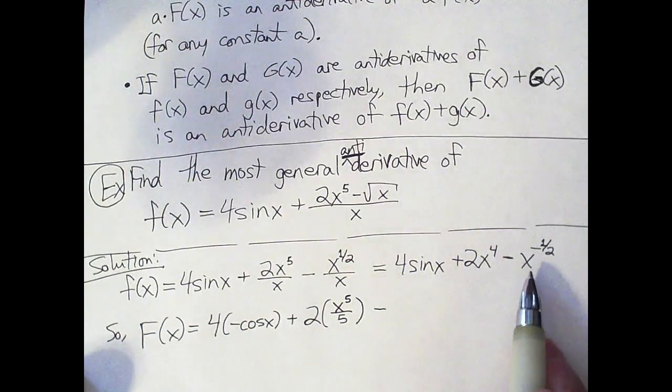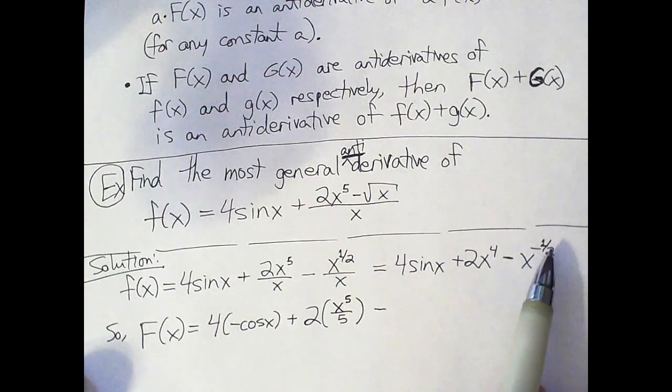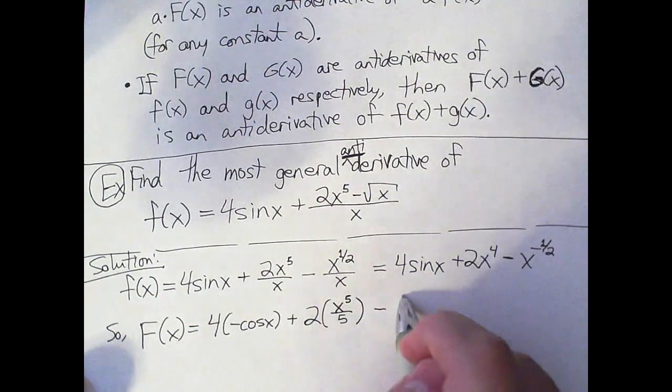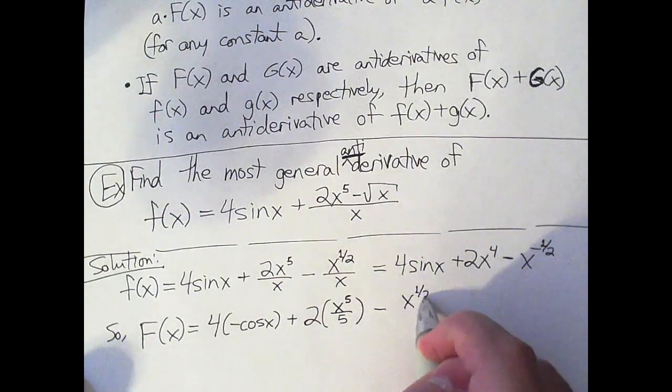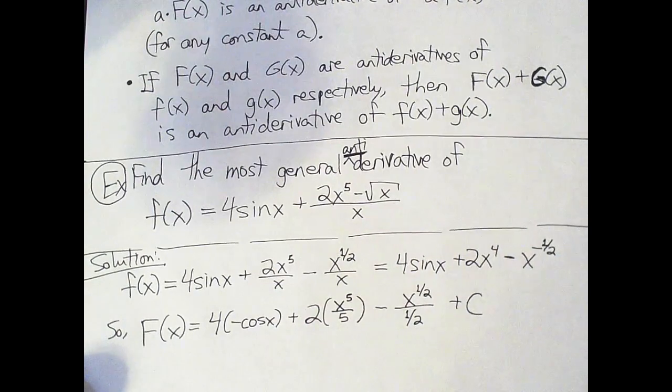Minus, what is an antiderivative of x to the negative 1/2? Apply that rule that we said earlier for x raised to a constant. This is going to be x to the 1/2 over 1/2. And plus c. So this is the answer, but I think I'm going to try to rewrite it a little bit nicer.